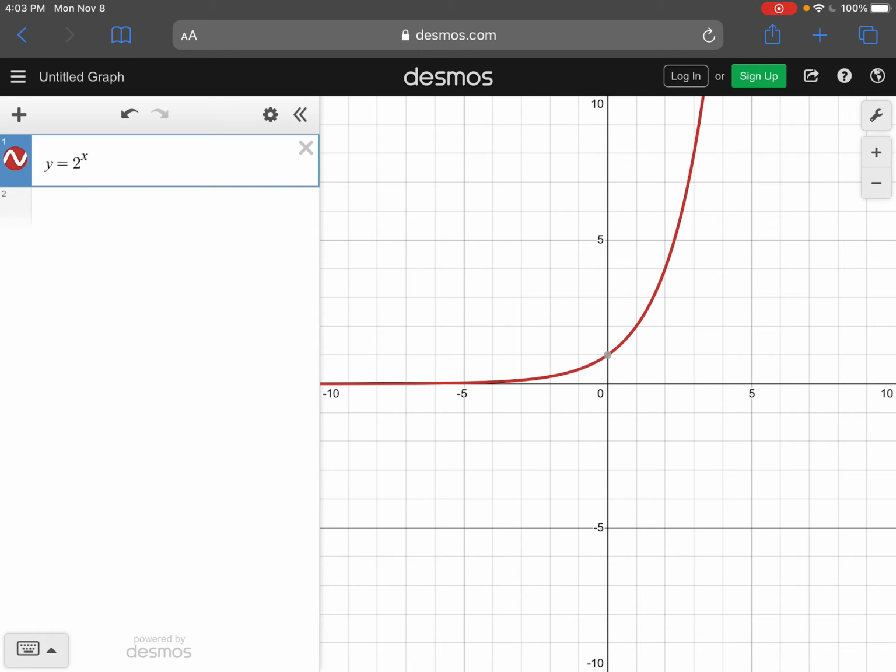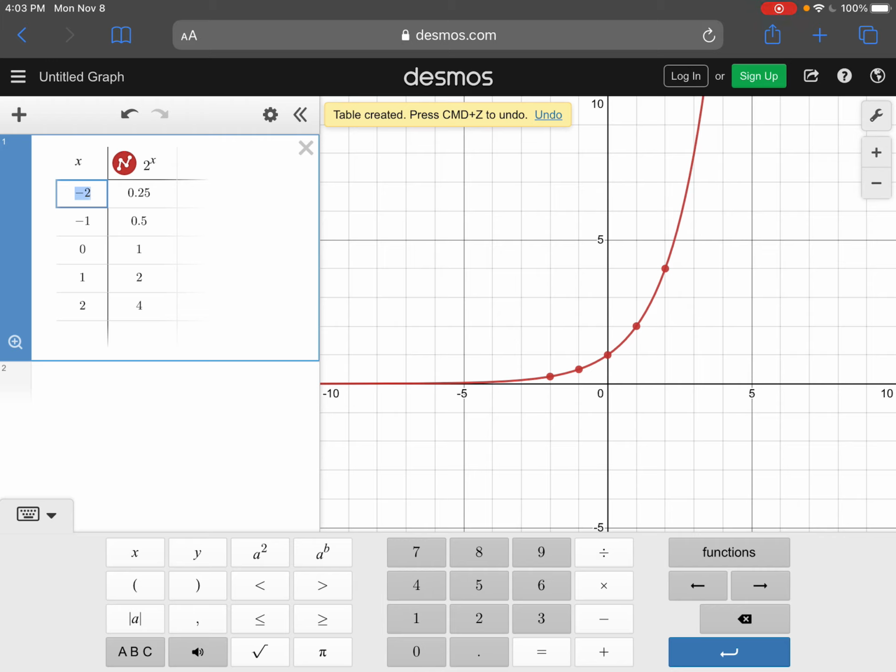We want to copy down the table of values on our notes. To get to the table of values, you're going to click on this settings gear up here, and then you're going to click on the table. So go ahead and rewind if you need to see that again. And we are going to copy down these values that appear in this table.